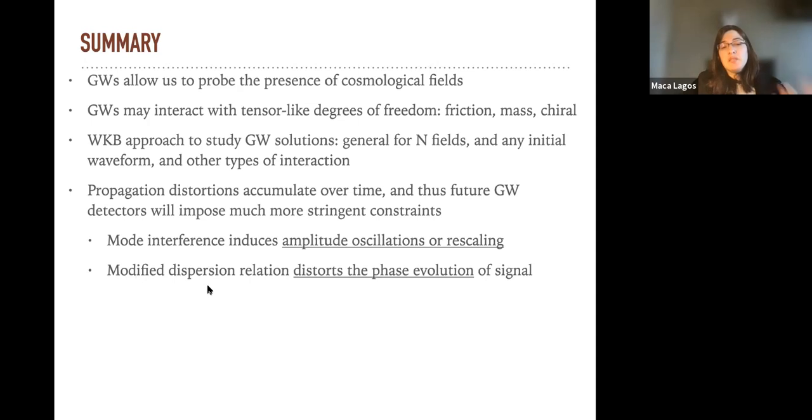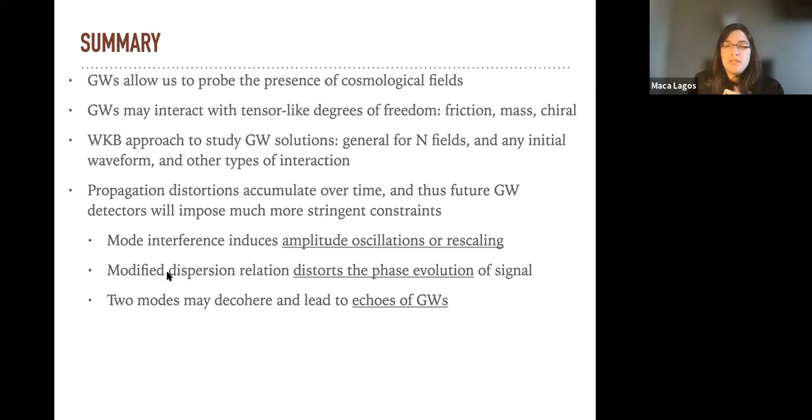Now, these propagating modes typically do have modified dispersion relations that can cause all kinds of distortions, as I showed you for the case of a massive graviton dispersion relation. If the two propagating modes have different propagation speeds, then they will eventually decohere and lead to two signals, two echoes of gravitational waves, although they may look different from each other, but you get two signals.